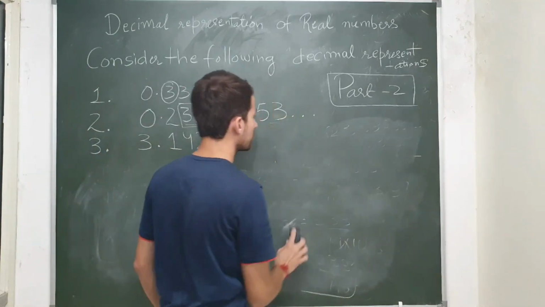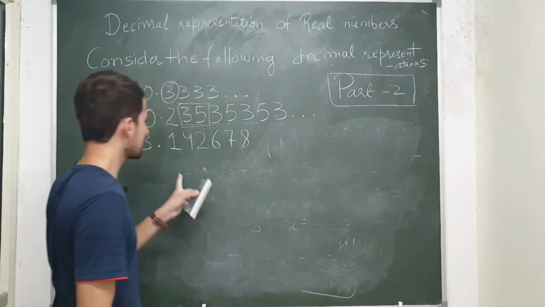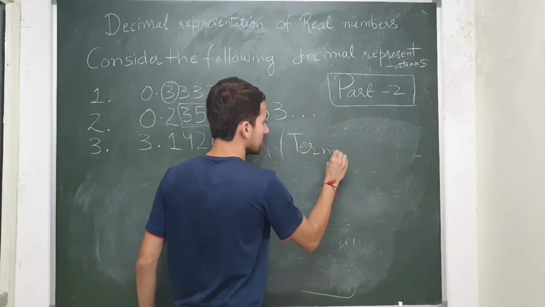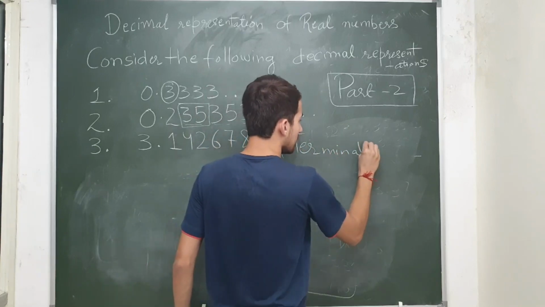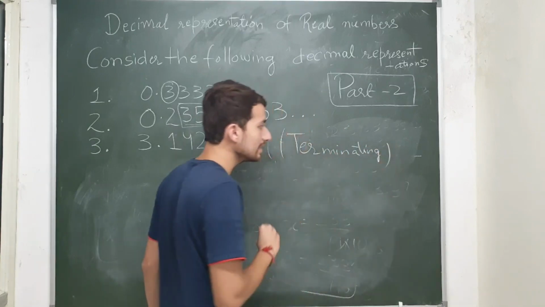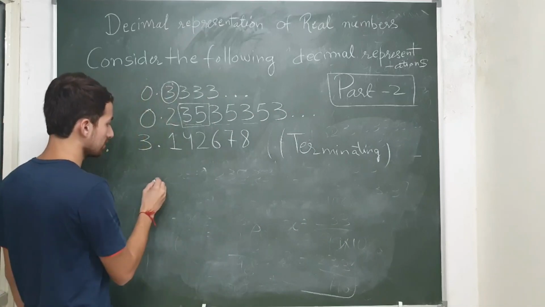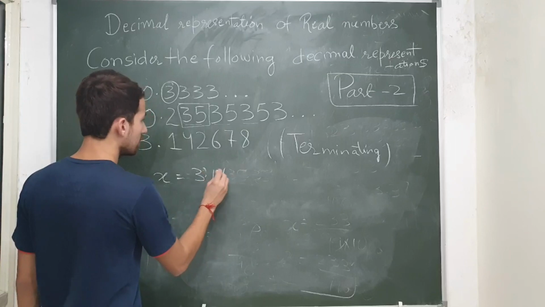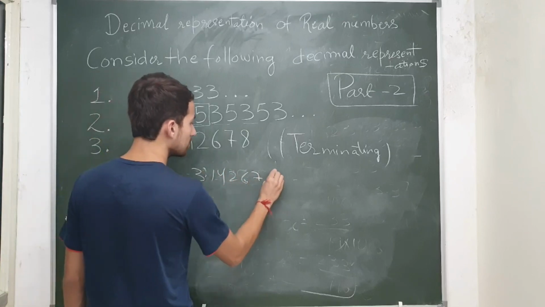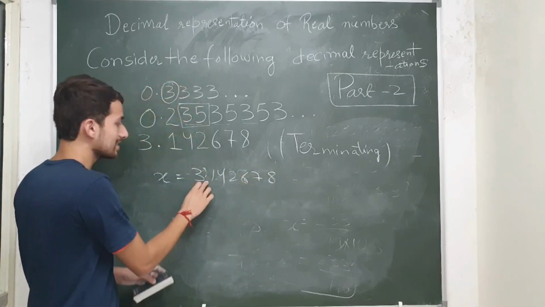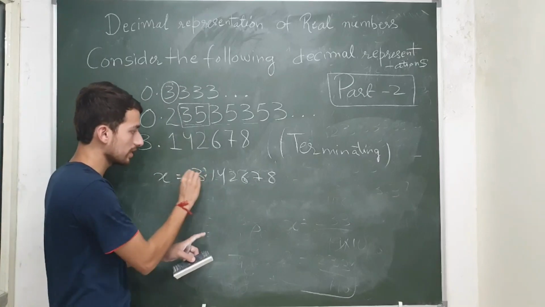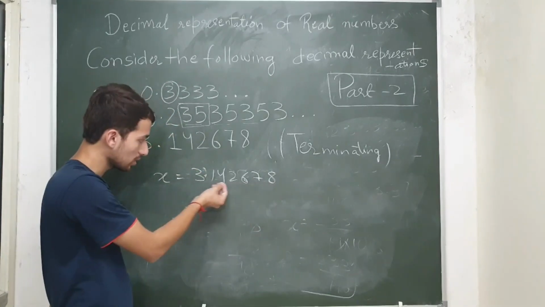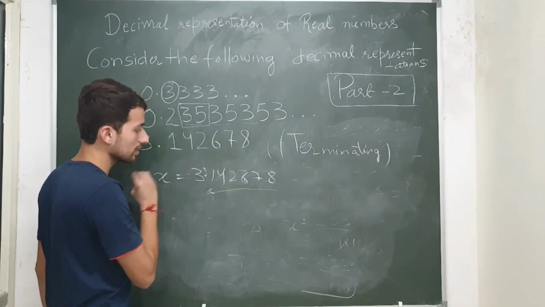If you see now, in the third case, this decimal expansion which we have is terminating. So it's quite easy to solve. If I call it my x, 3.14268, you simply look at the decimal and count how many places from the unit place in this direction you have to see.